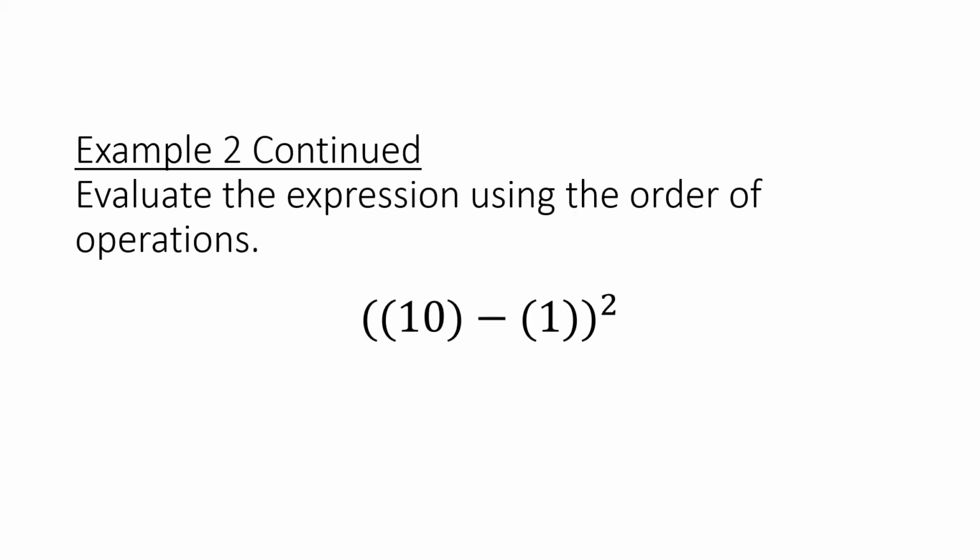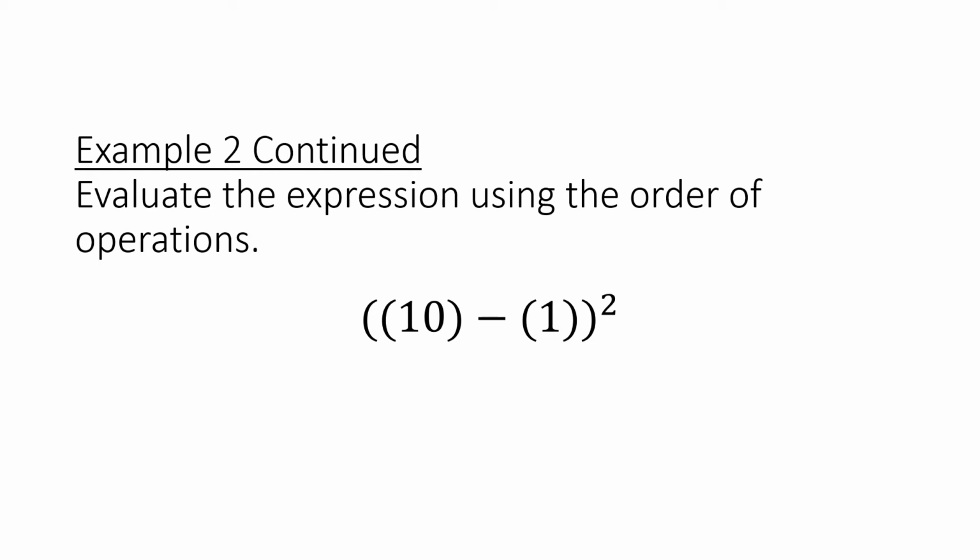So continuing example 2, now we're going to evaluate. And so this is where we're going to apply the order of operations to evaluate. And remember, a common phrase for order of operations is please excuse my dear Aunt Sally. So we have parentheses going on, we have exponents going on, and we have subtraction going on.